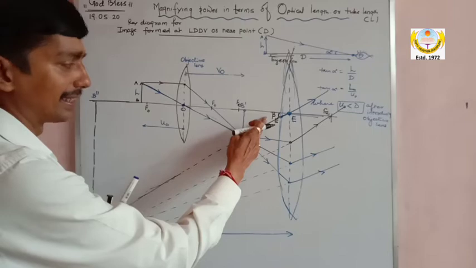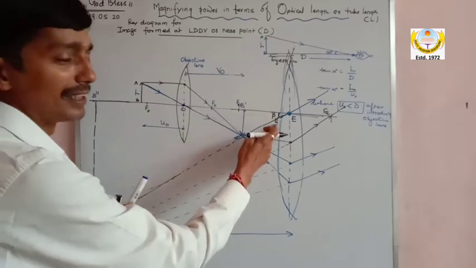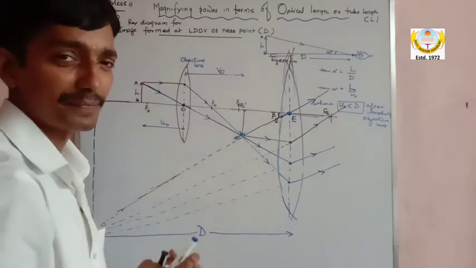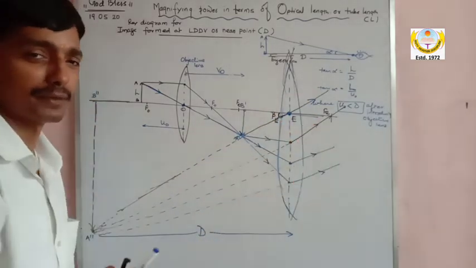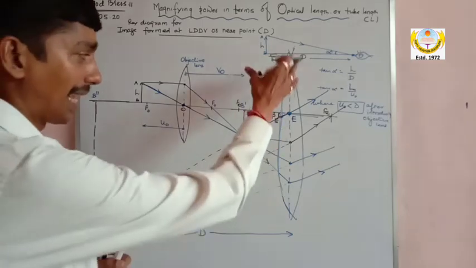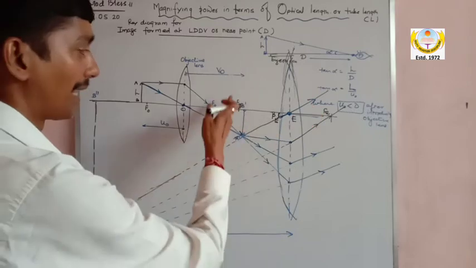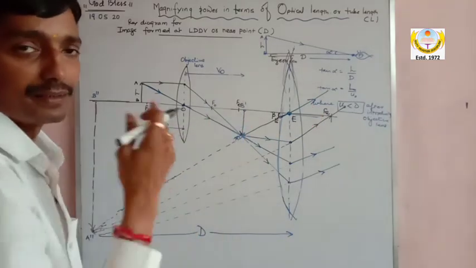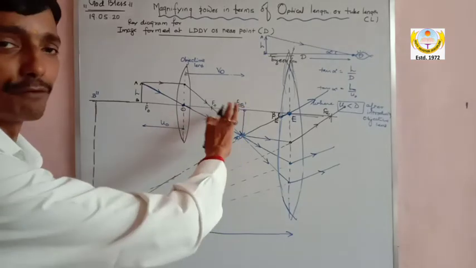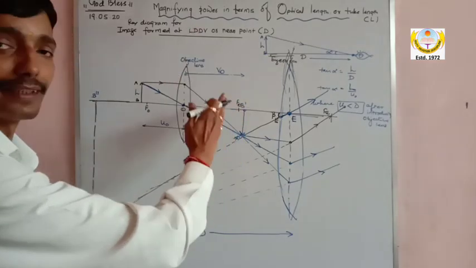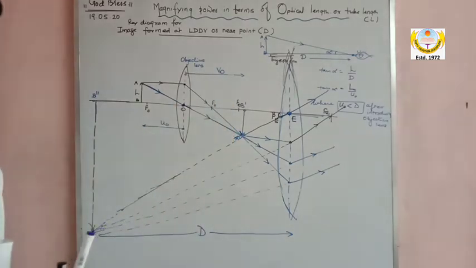So I can say this is the angle subtended by the final image when it is viewed through the eyepiece, when the eyepiece acts as a simple microscope. And what I did, my dear, I adjusted the eyepiece and brought the first image A' B' within the focal length of the eyepiece, that is, near the focal point of the eyepiece. I hope it is clear with you.